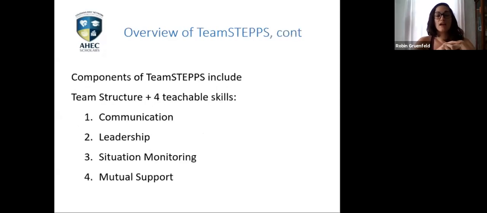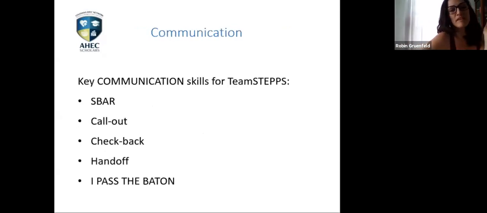Like I was saying, Team Steps is comprised of 5 components. There are 4 teachable skills, and then the concept of team structure that surrounds those 4 skills, because those skills are no good if you don't have a team to support the skill sets.